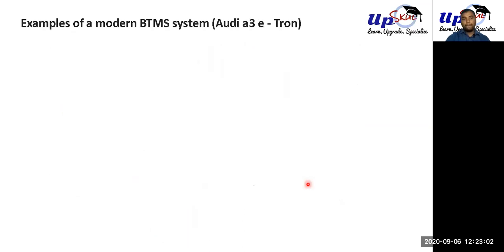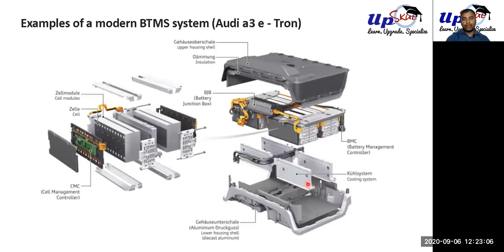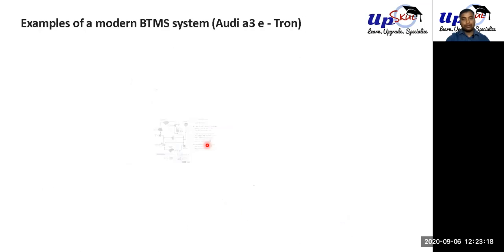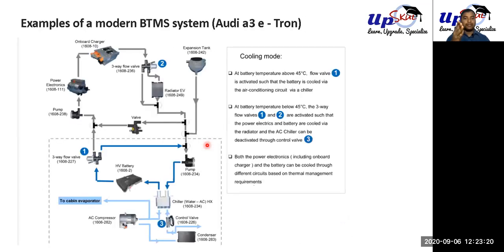Similar BTMS system for the Audi battery that we were just saying. This one is only in more detail. You guys can take a look at it in the presentation when you download it. And this is the circuit for that Audi model.